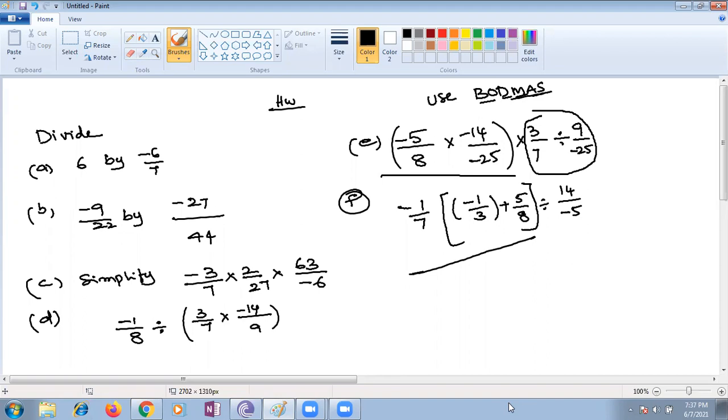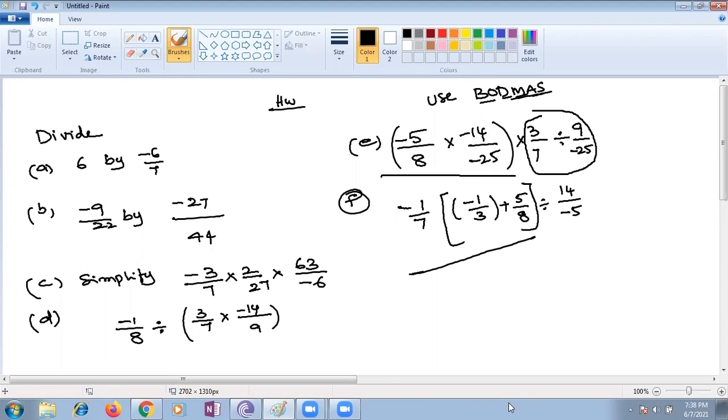Whatever result you are getting, you should multiply with minus 1 by 7. Because it's a big bracket, you are supposed to expand the first bracket. Whatever result you are getting, you are supposed to divide with 14 by minus 5. Whatever result you are getting, you are supposed to multiply with minus 1 by 7.